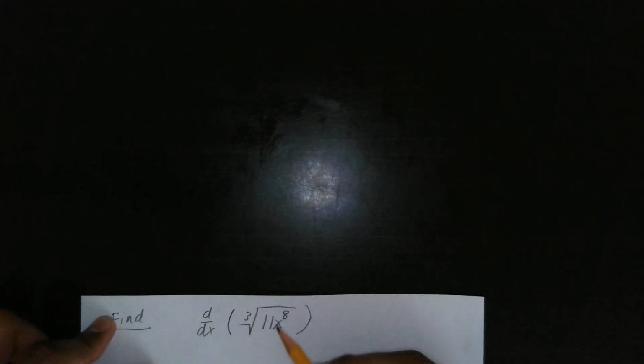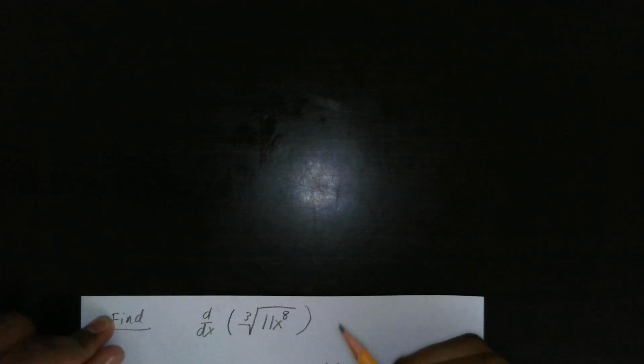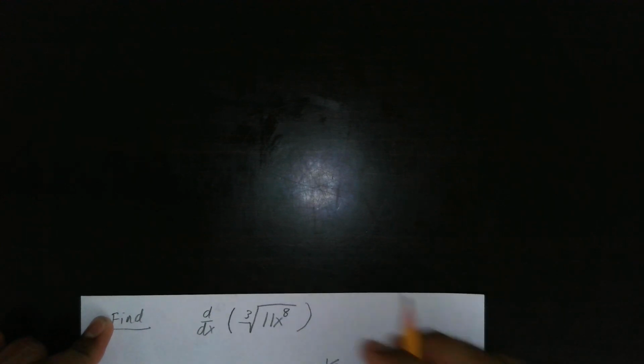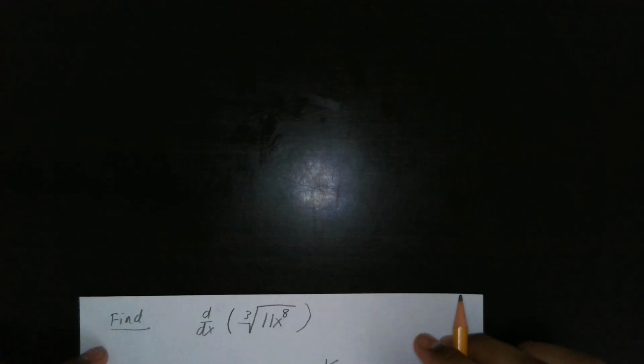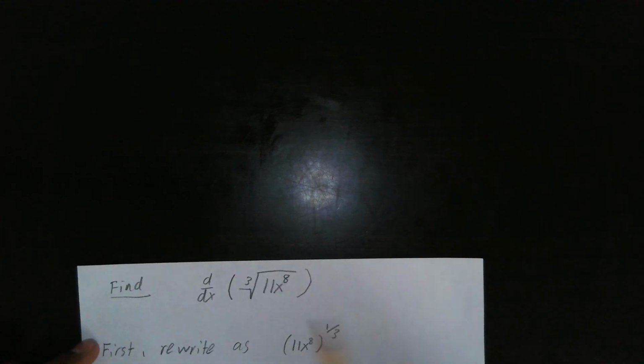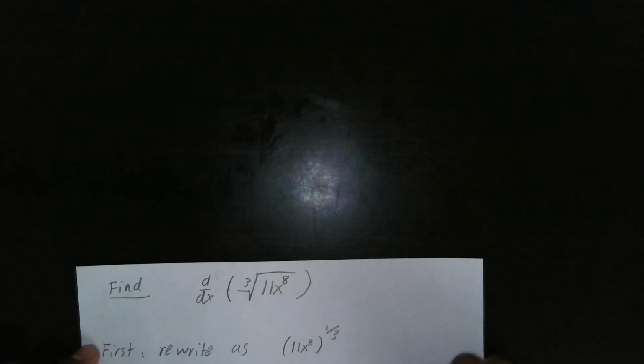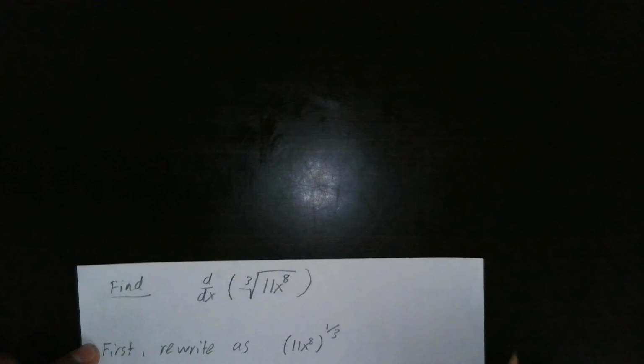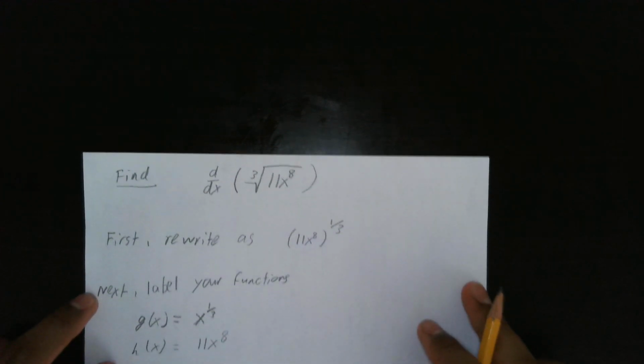Find the derivative of the cubic root of 11x to the 8th. Once again, pause the video and try it out on your own. Alright, so first, for this problem, you're going to want to rewrite it as 11x to the 8th, all to the power of 1/3. Then you want to label your functions, g of x and h of x.